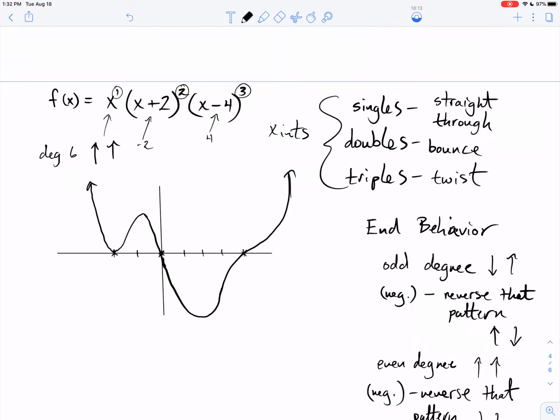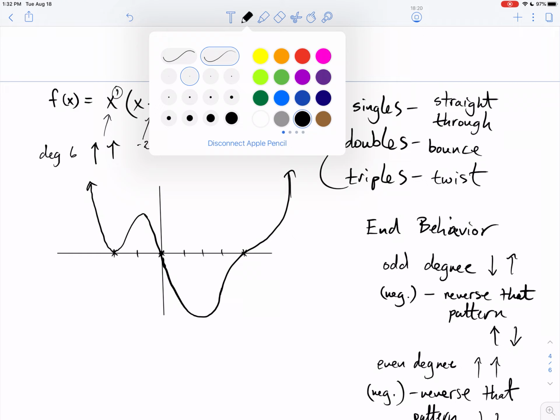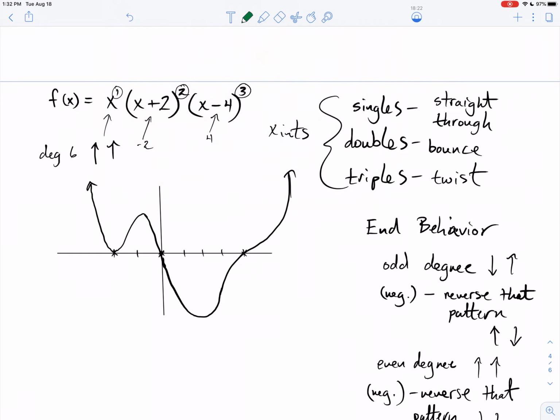Take that in for a second. When the graph touches the x-axis but doesn't break through it, it just bounces off of there. That's what happens when you have a second power in your polynomial.